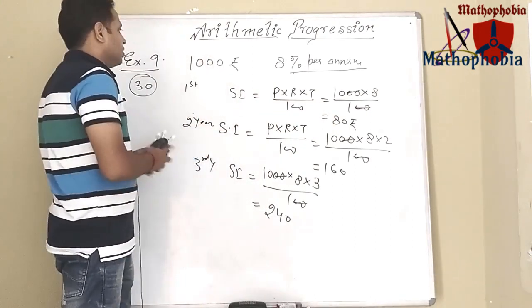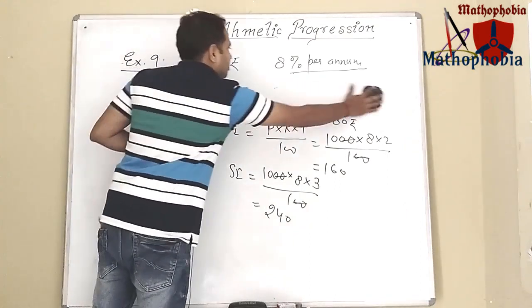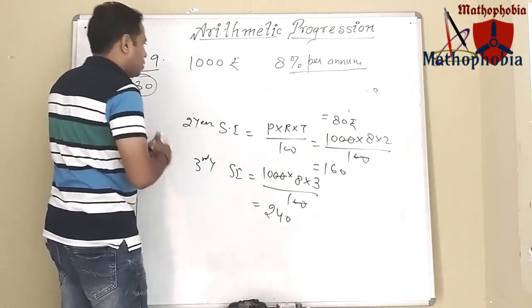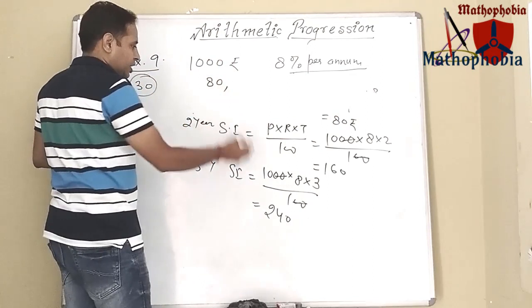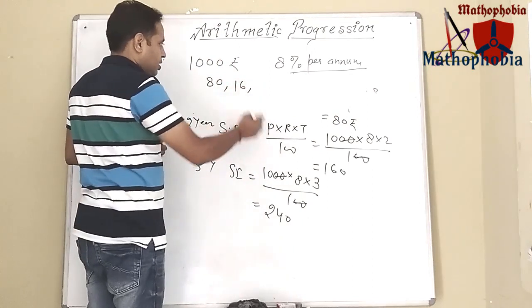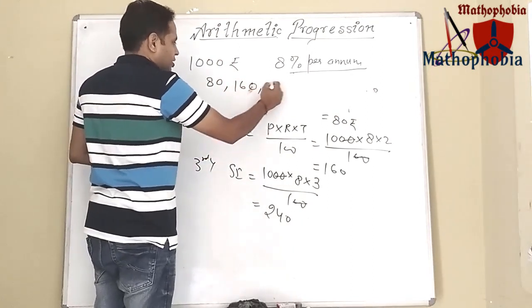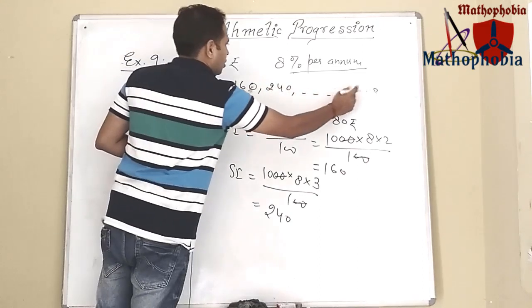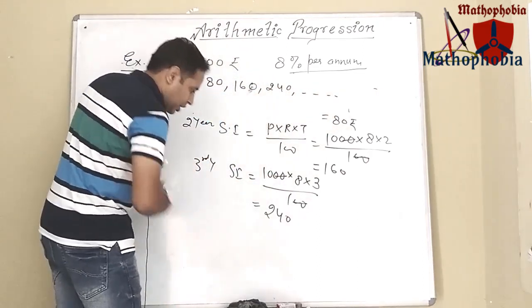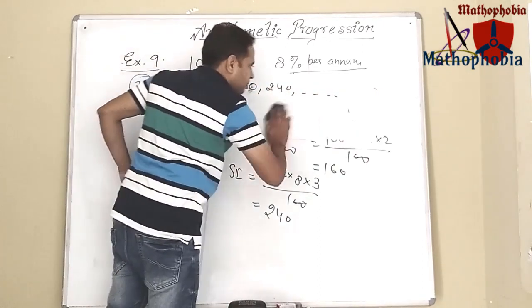So let's check whether it forms an AP or not. So the interest for 1 year is 80. For 2 years it is 160. Then 240 and so on. So let's see.